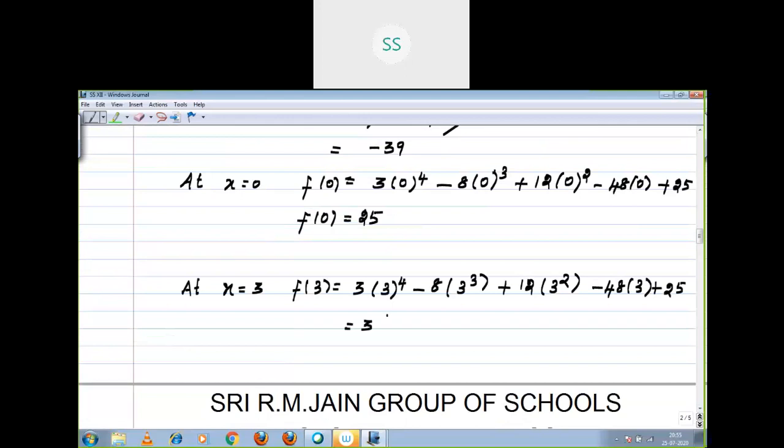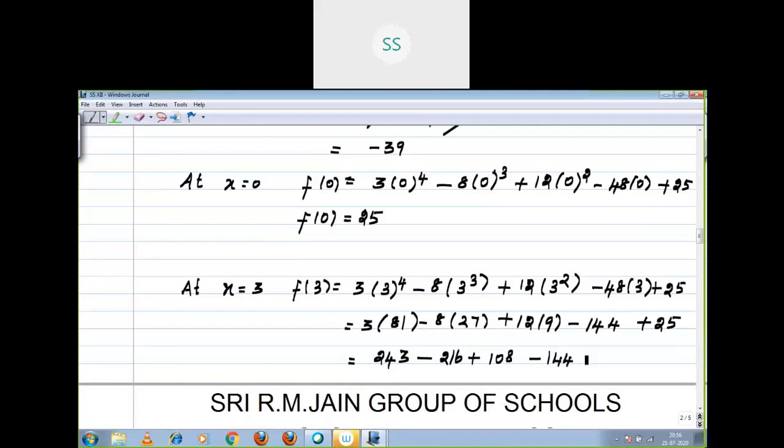Now 3 into 81 minus 8 into 27 plus 12 into 9 minus 48 into 3, which is 243 minus 216 plus 108 minus 144 plus 25.